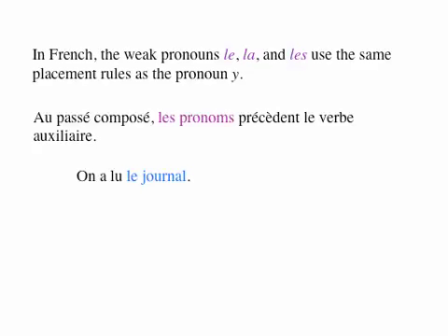And in a compound tense, with a helping verb and a past participle, we're going to take our object pronoun and put it in front of the helping verb. Never, ever, ever in front of the past participle. So, le goes in front of the helping verb a. Because a is a vowel, we're going to elide down to l'. On l'a lu.